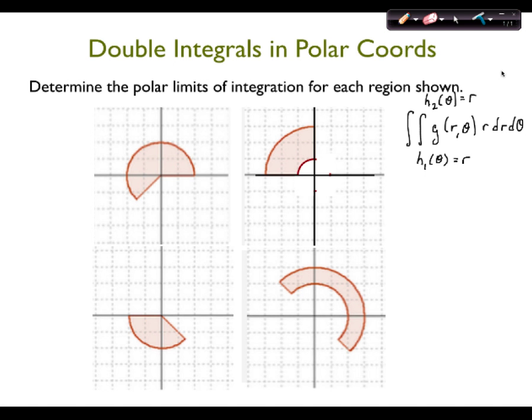And then from starting angle to finishing angle. So r first, then theta. So here's a generic polar double integral. We've got our dA, our surface, and our limits of integration. R first, inside to outside, then starting angle to ending angle. For these, you're coming up with the four limits of integration for each one, for 1, 2, 3, and 4.